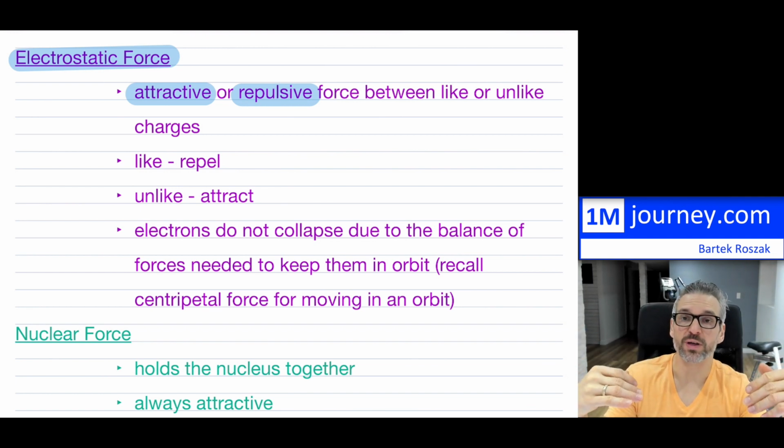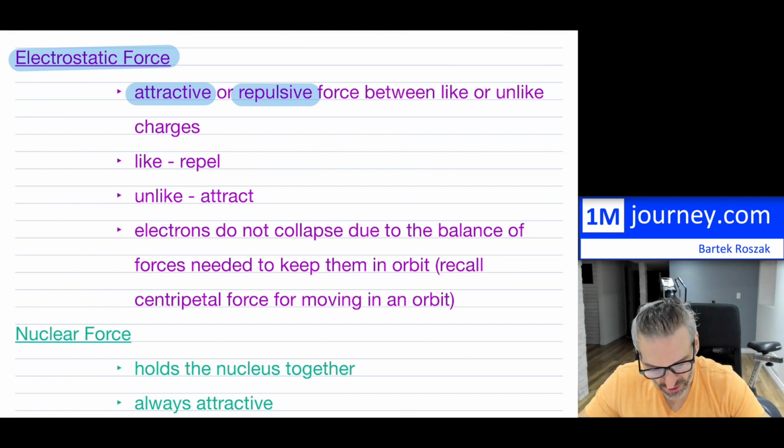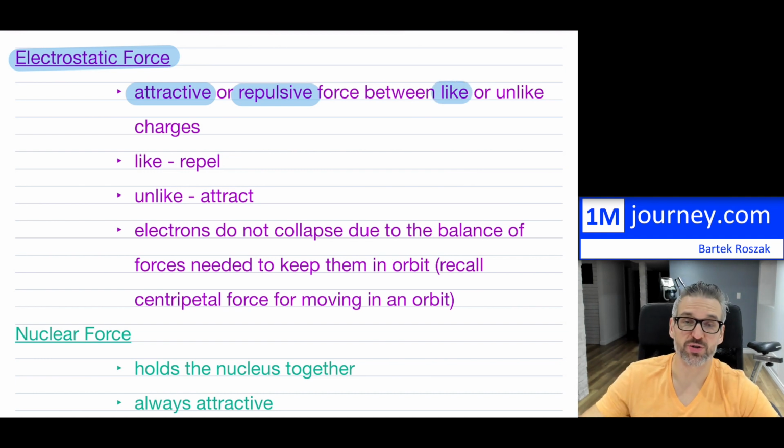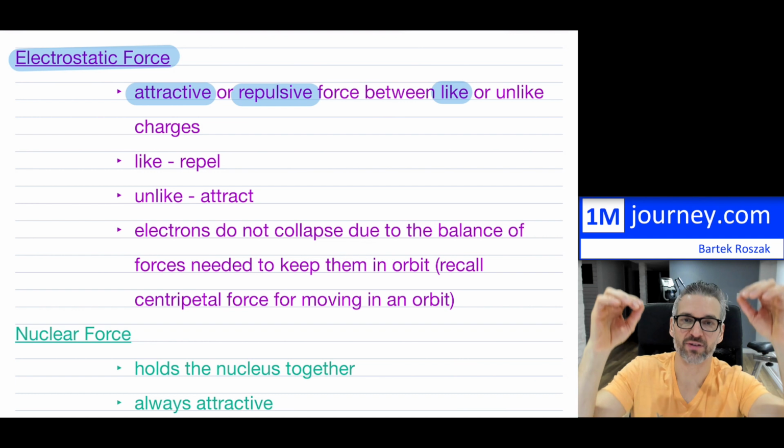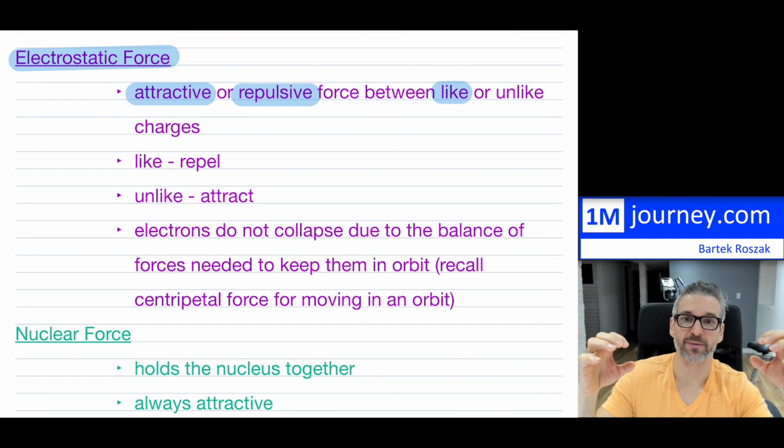Many students are not surprised by this as they've been coming along. We have charges that are alike, like two electrons, or two protons, so they have the same charge, where they either have an extra electron or one less electron.